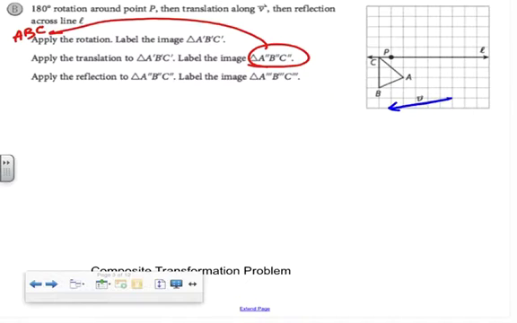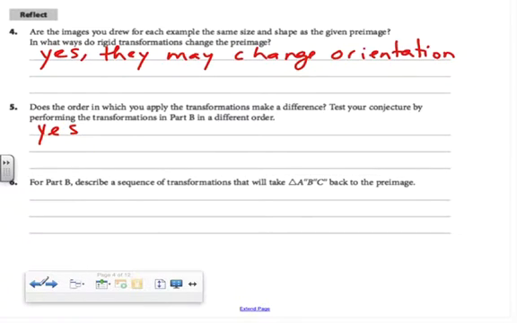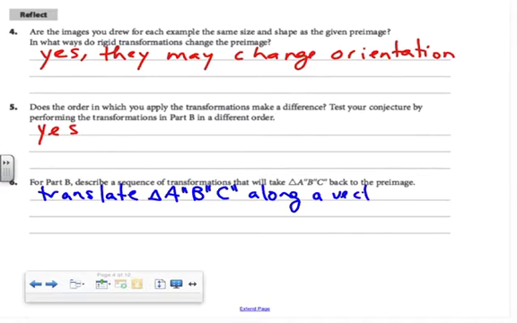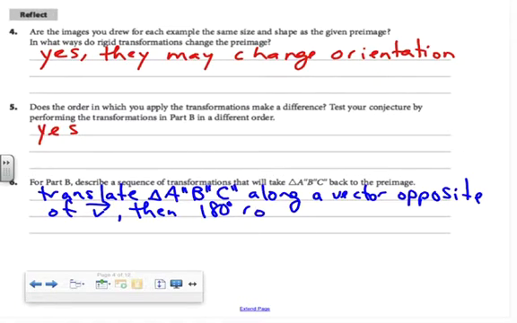So I would do that translation, and then I would do a 180-degree rotation. So I translate the triangle along a vector opposite of V, and then a 180-degree rotation around P.